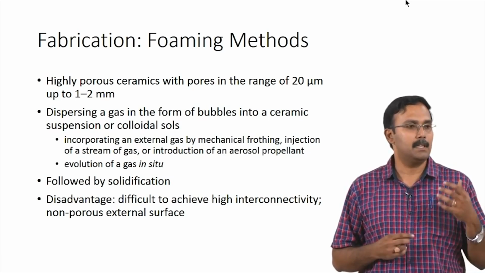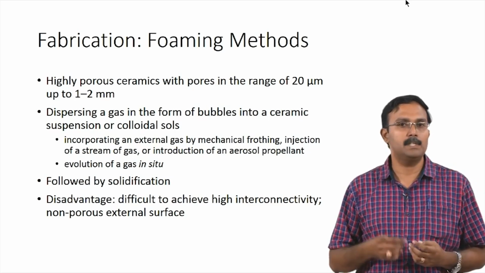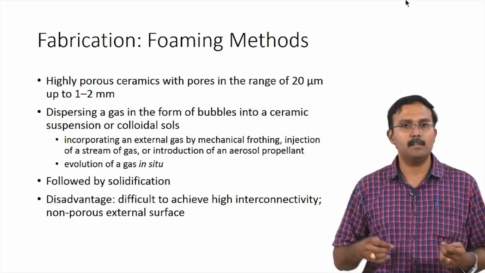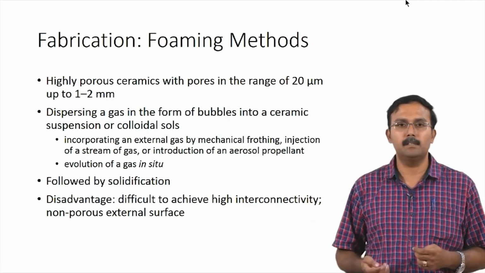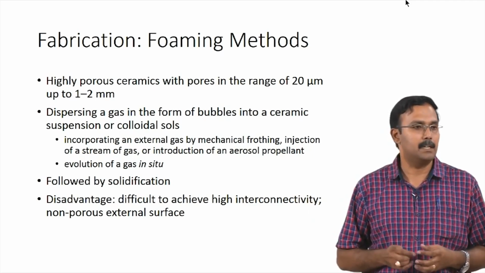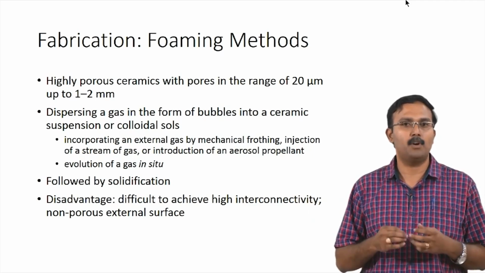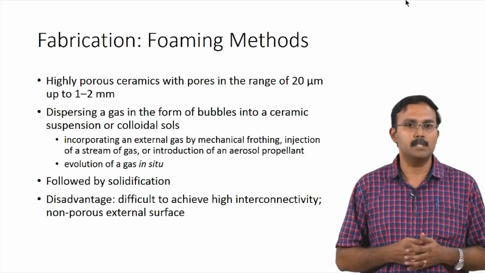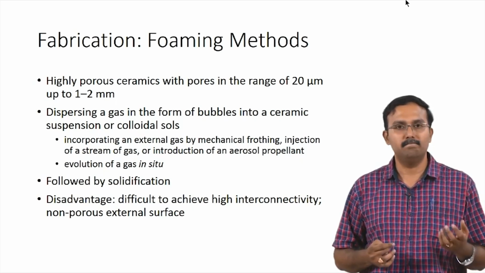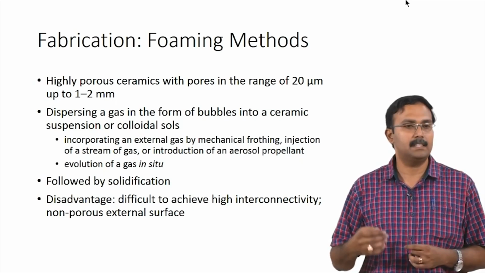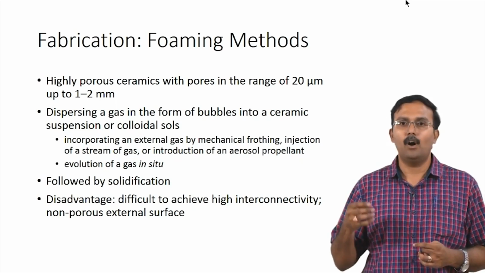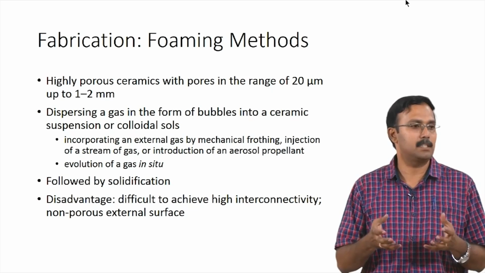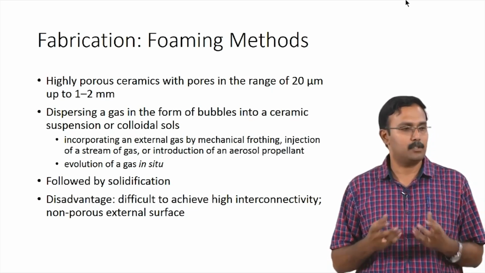The foaming method is capable of producing highly porous ceramics with pores which can range from 20 micrometers up to 1 to 2 millimeters. What happens here is you disperse a gas in the form of bubbles into a ceramic suspension or colloidal solution. This is done by incorporating an external gas by mechanical frothing, by injection of a stream of gas along with this suspension, or by introduction of an aerosol propellant.